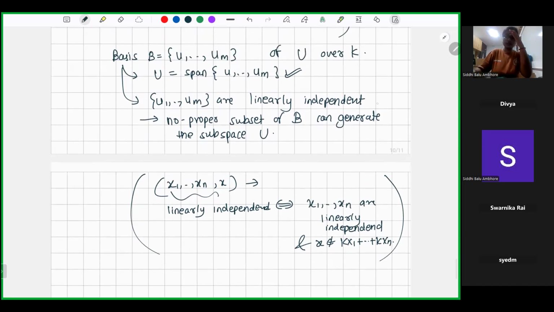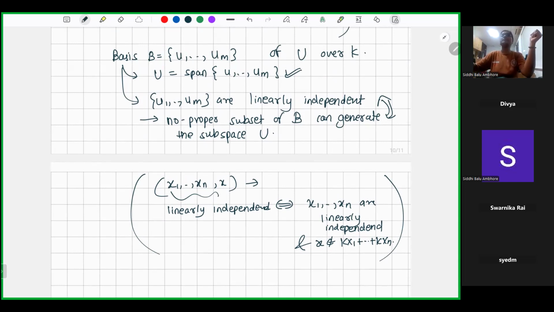And so the way to look at something being a basis is that we can either say these are all linearly independent elements, or no proper subset of this set can generate the entire space. The other way to say it is that a basis is a minimal spanning set.